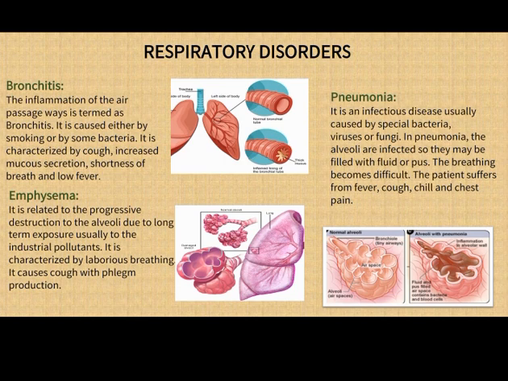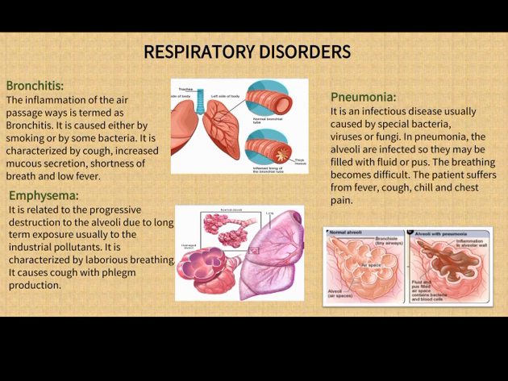Whenever the suffix itis is attached to a word, it means there is inflammation. So inflammation of the air passageway is termed bronchitis. It is caused either by smoking or by bacteria. It is characterized by cough, increased mucus secretion, shortness of breath, and low fever. In the diagram, you can see a healthy bronchus and an inflamed bronchus. The yellow portion shows that mucus fills the bronchus.